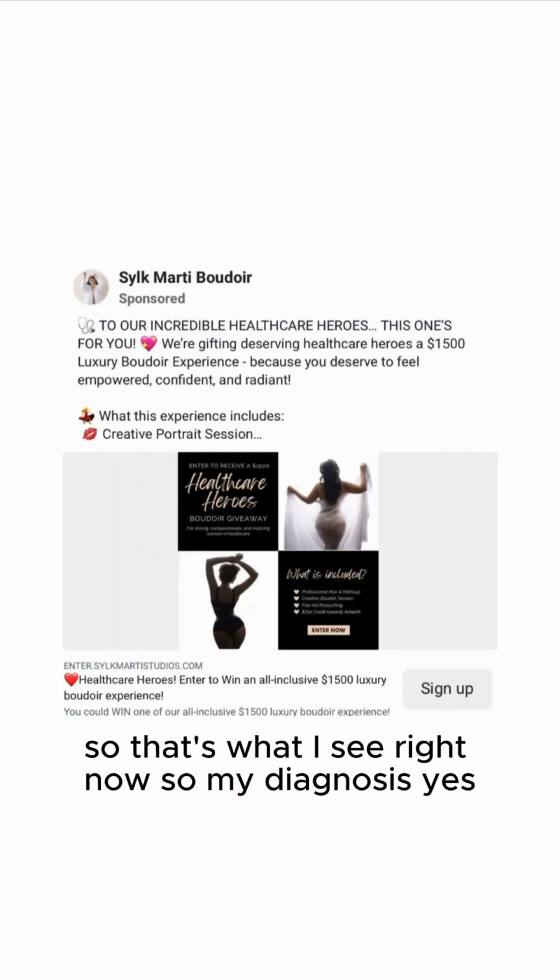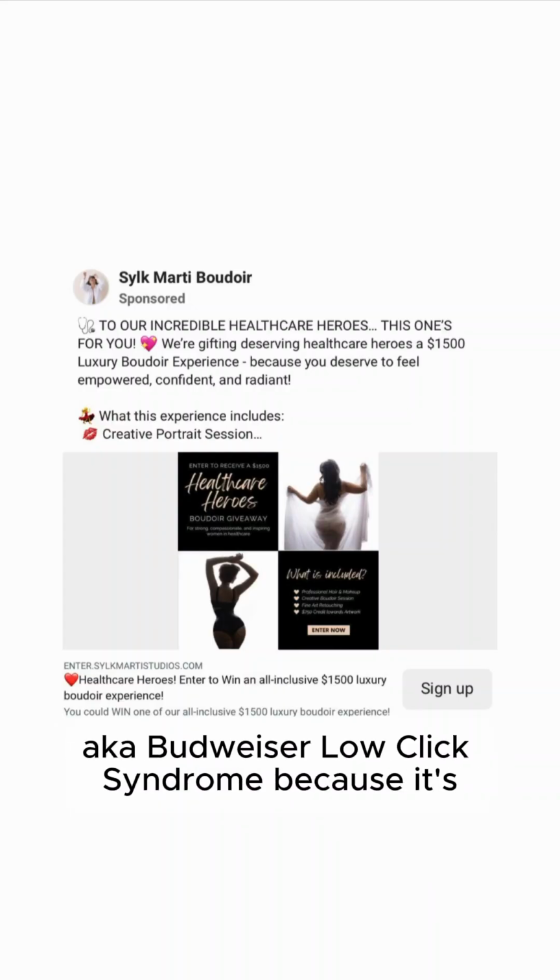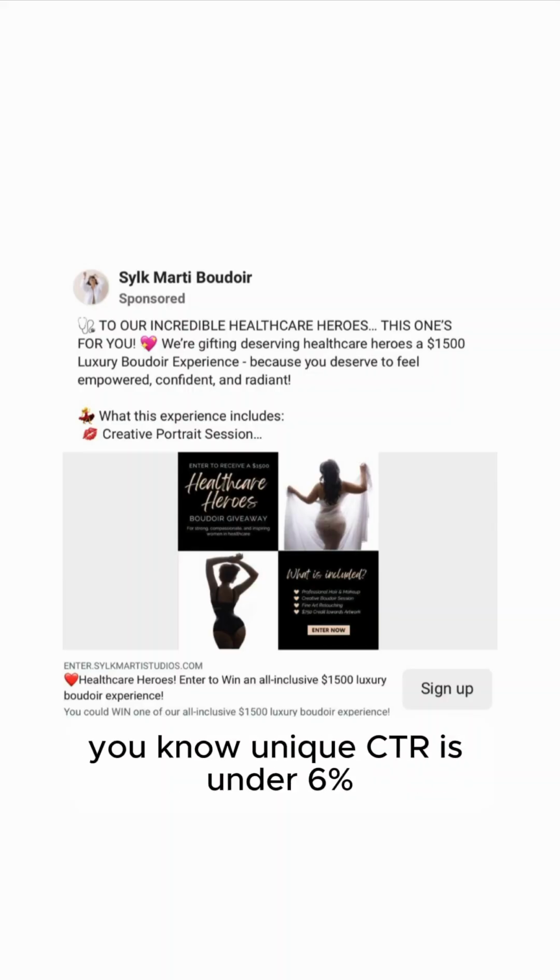So my diagnosis, yes, I do believe this Boudoir Facebook ad has BLCS, aka Boudoir low click syndrome, because its unique CTRL is under 6%.